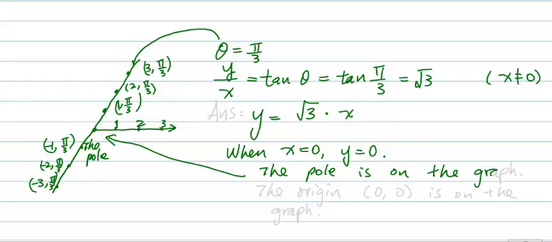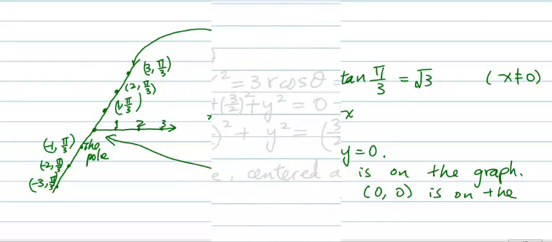The pole is on the graph. We can have a point (0, pi over 3). That's the pole. Then the origin, correspondingly in the rectangular coordinates (0, 0), is also on the graph. That means our equation y equals square root of 3 times x is our answer.